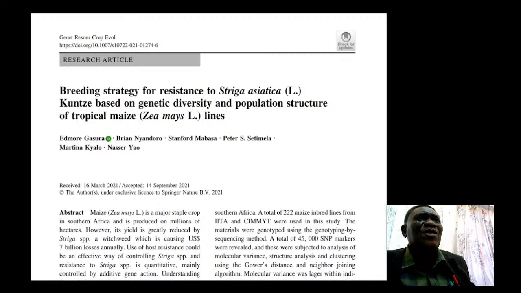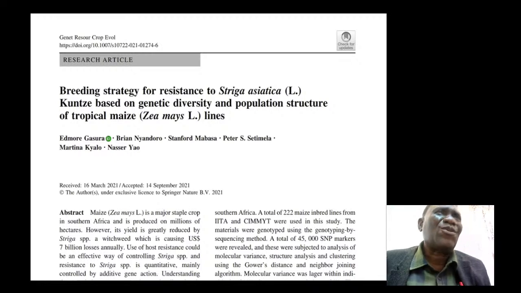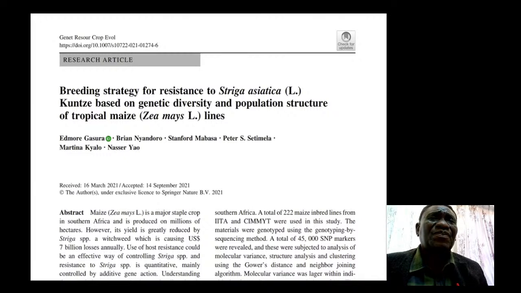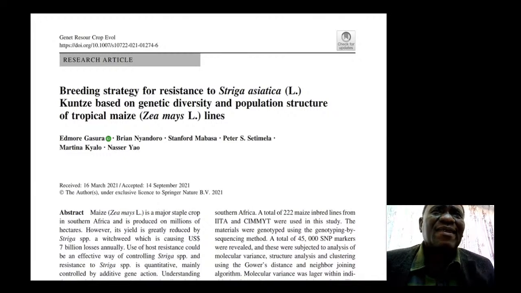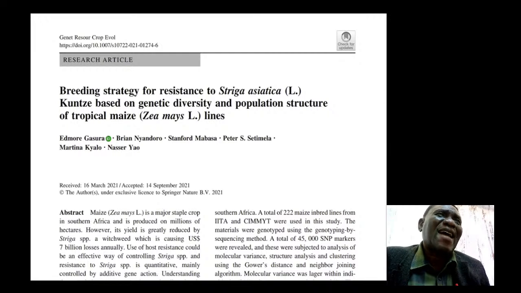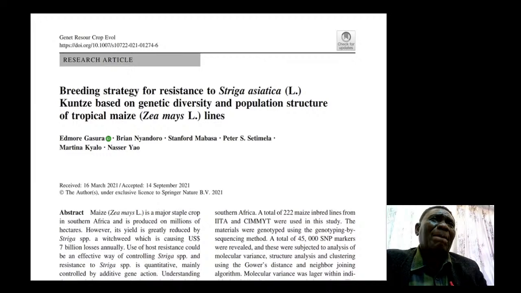Again, more papers on breeding for Striga resistance. So here at the University of Zimbabwe, some work was actually done in the maize, so that we now have some varieties of maize which may be sold under VN seeds.